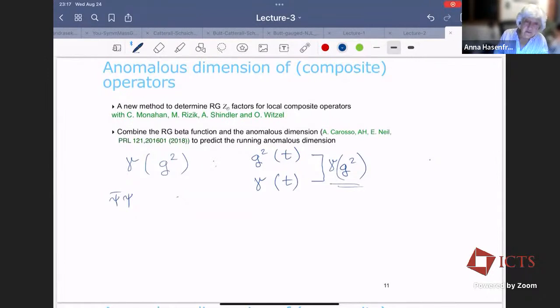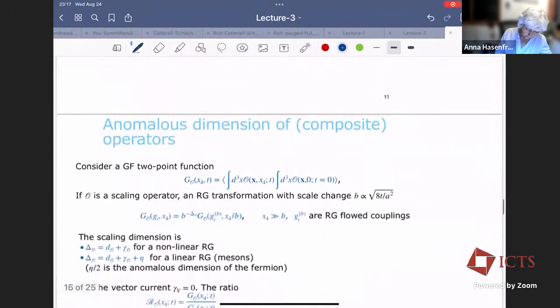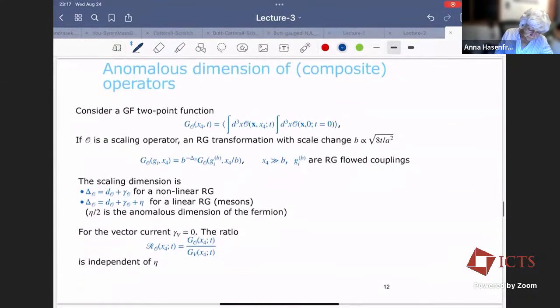So how can we do that on the lattice? What is the method to calculate gamma as a function of the flow time? We have already done g squared as a function of the flow time. How do we get an anomalous dimension for an operator? If I have an operator O and I take a 2-point function, a correlator, it's a funny notation, but all it means is that I am taking zero spatial momentum correlators.